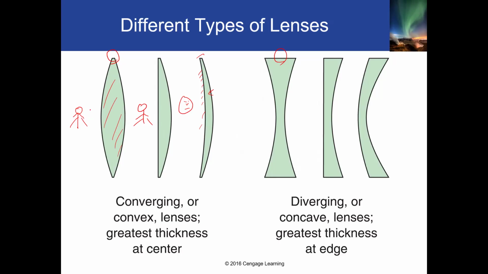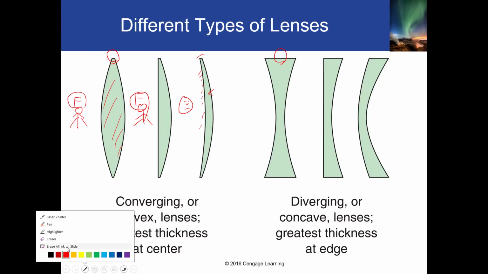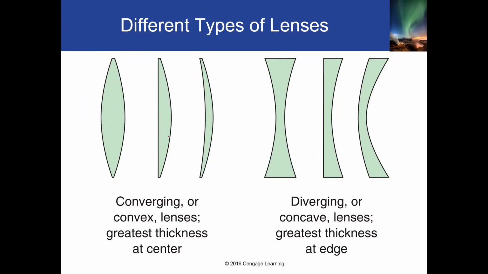So in other words, a mirror has only one focal point. A lens has two focal points, one on each side. So basically you can use any of them. Again, in addition to that, it's called a convex lens because of its shape, and it's also called converging because of the light.